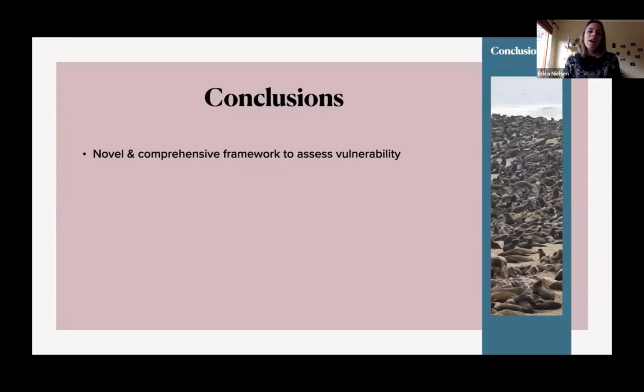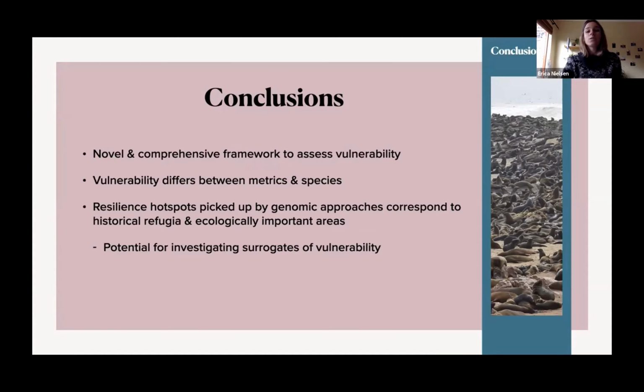So in conclusion, here we provide a framework to assess vulnerability, and we found that the different vulnerability metrics as well as species offer different resilience hotspots. However, when we looked for areas of overlap, our hotspot regions actually corresponded to both historical refugia and ecologically important areas.